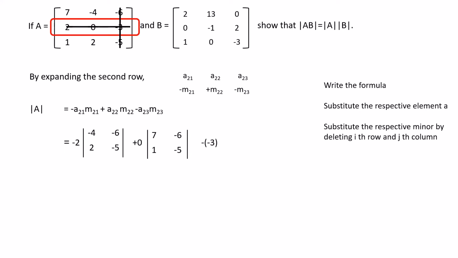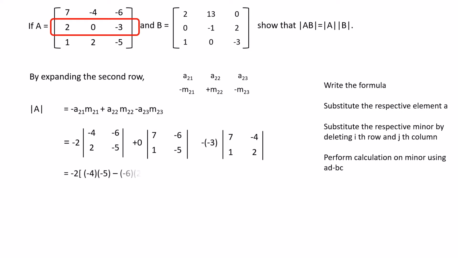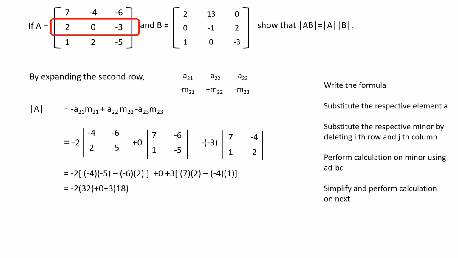For the third minor, deleting the second row and the third column. Next, perform calculation on the minors using AD minus BC. Then, simplify and perform the calculation on the next. Finally, we get the determinant of matrix A equals negative 10.